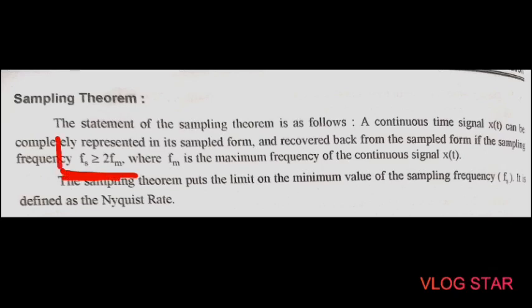This is a very important equation, where fs is the sampling frequency and fm is the maximum frequency. So for the sampling process, your sampling frequency fs should be greater than or equal to twice of fm, where fm is the maximum frequency of the continuous signal x of t. The sampling theorem puts the limit on the minimum value of the sampling frequency fs, which is defined as the Nyquist rate.